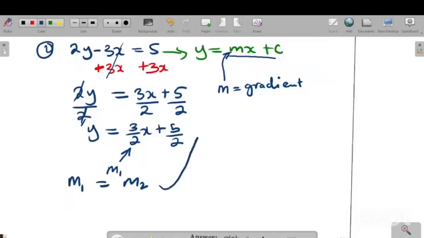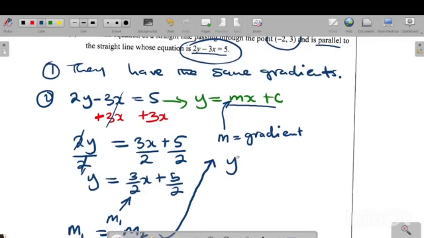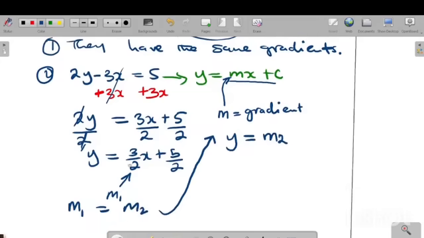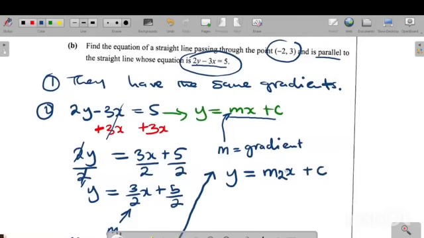All right, so with that information, we are going to now use this formula for us to find the equation of the other line. So y is equal to m2 x plus c, because here we say this is m1. Remember this line is passing through the point -2, 3.